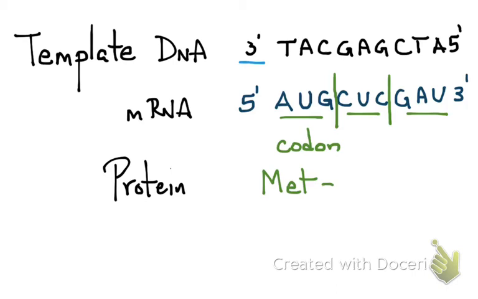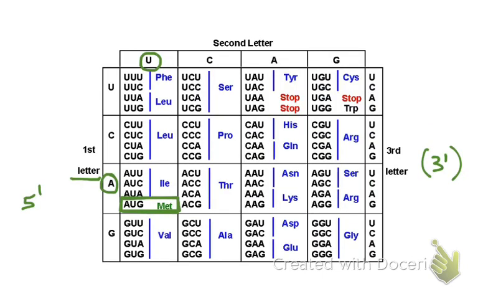Now if we do the same process again and now look for CUC, let's go back to our table. And so we're going to look for CUC at this point. If we look for CUC, again, we're going to start with our first letter being C, our second letter being U, and our third being C, and that is located right here.